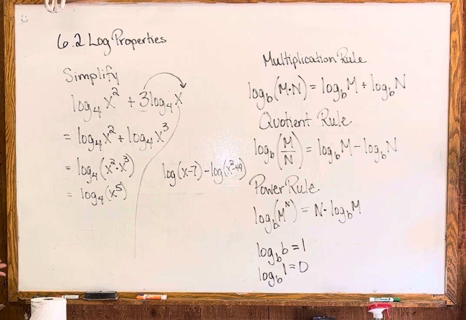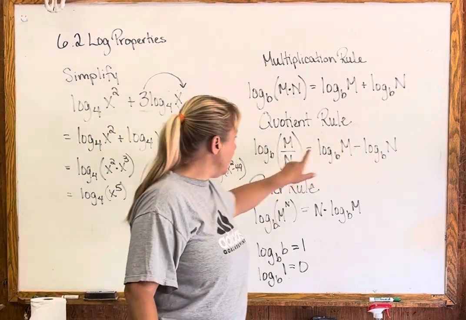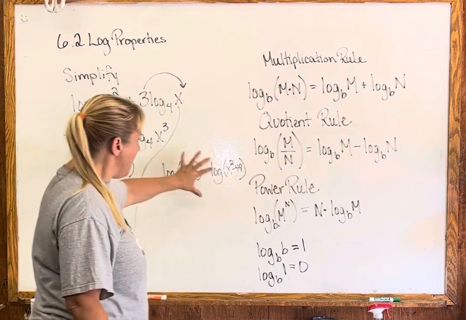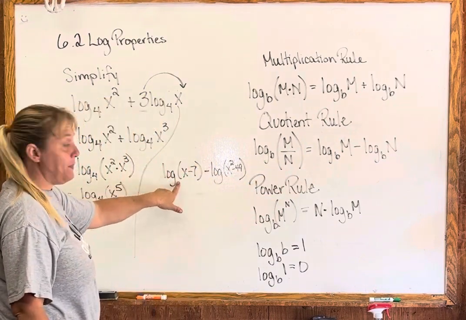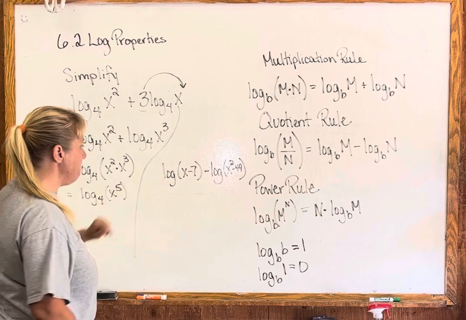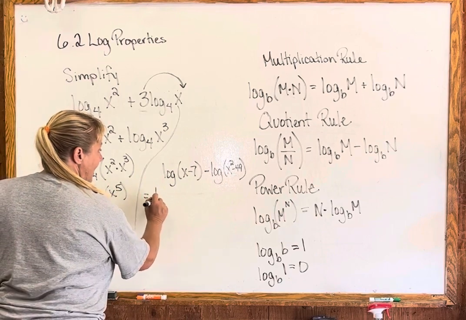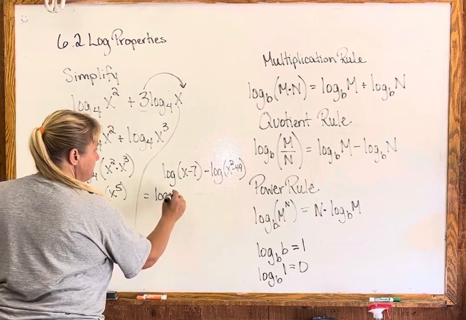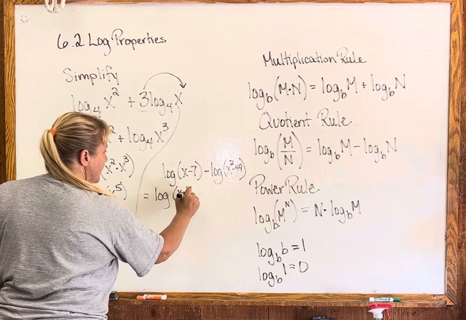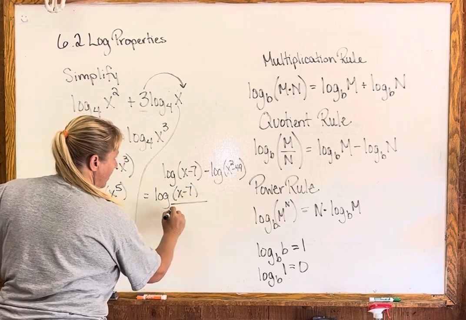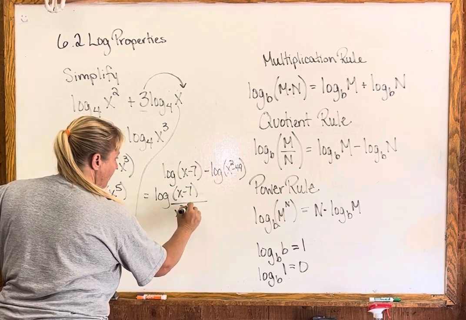Okay? We don't want 2 logs, and we certainly don't want subtraction. So we go, subtraction goes with division. No numbers running around. Base on here is 10. So we can rewrite as log base 10 of x minus 7 over x squared minus 49.